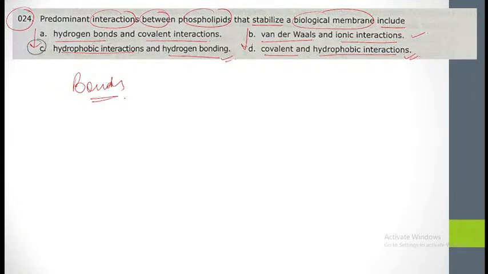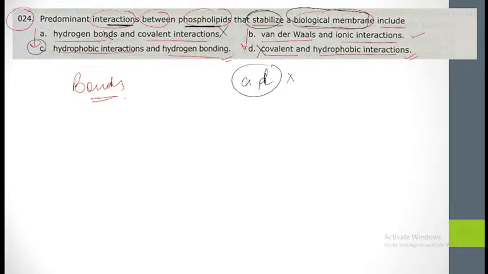Very good. So see, it is asking which is the predominant interaction between the phospholipids that stabilizes a biological membrane. So the very first thing is always remember that covalent bonds cannot be there. So you can easily remove option number A and option number D in the first go itself.